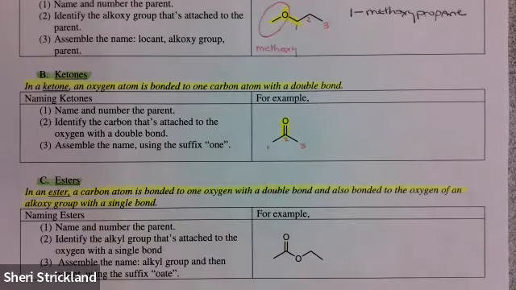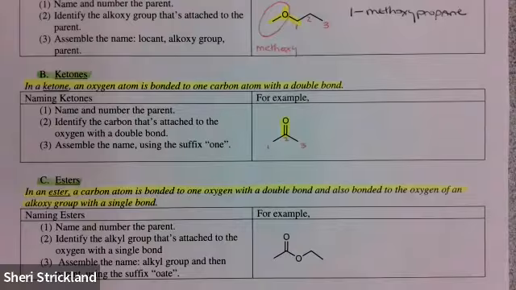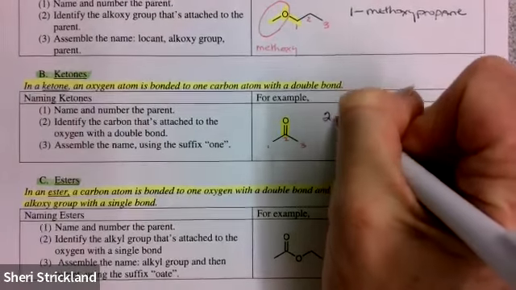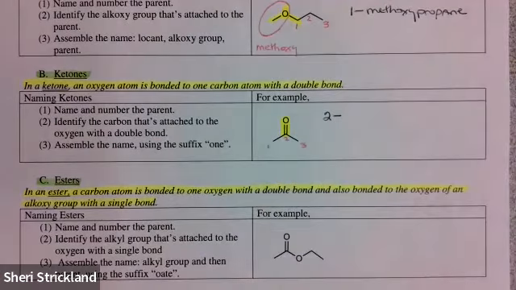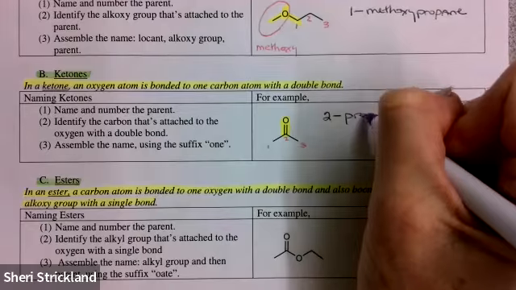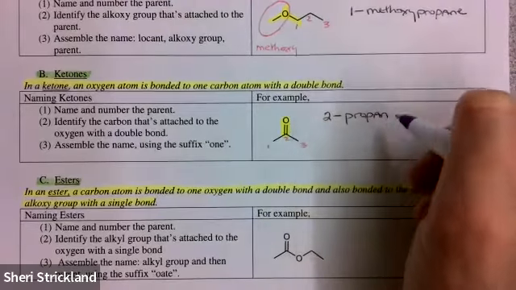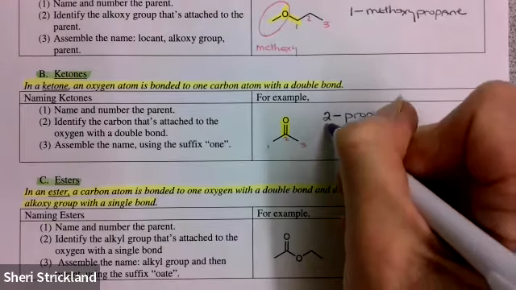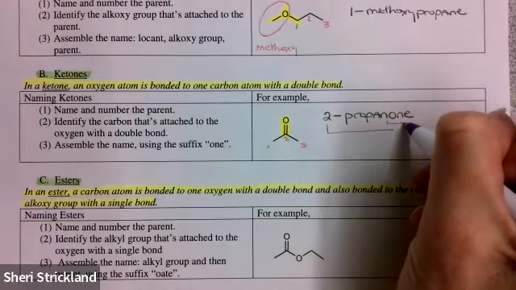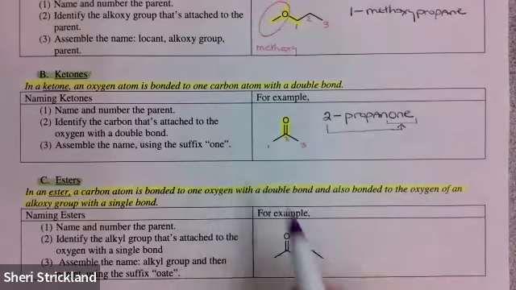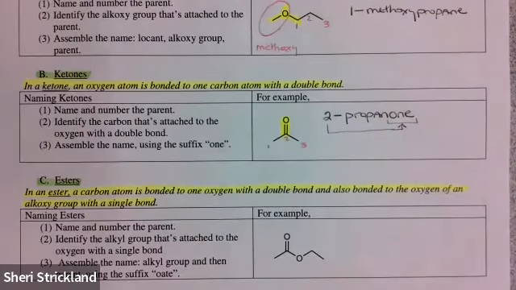And then you assemble the name using the suffix ONE. So we're going to put the 2, which shows the position of the ketone, out before the parent. And we're going to change the E of propane to ONE, to propanone. And so the 2 tells you where the ketone is. Okay? The other name for this is acetone. It shows up in fingernail polish remover.